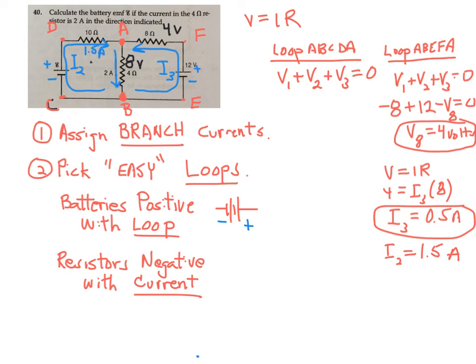I'm looking right by the 10 ohm resistor right now. So if the current in a 10 ohm resistor is 1.5 amps and the resistance is 10 ohms, V equals IR dictates that the voltage of that resistor is 15 volts. So I'm going to write that down in the diagram, 15 volts for that resistor, which now leaves me only one unknown voltage in that loop, A, B, C, D, A.